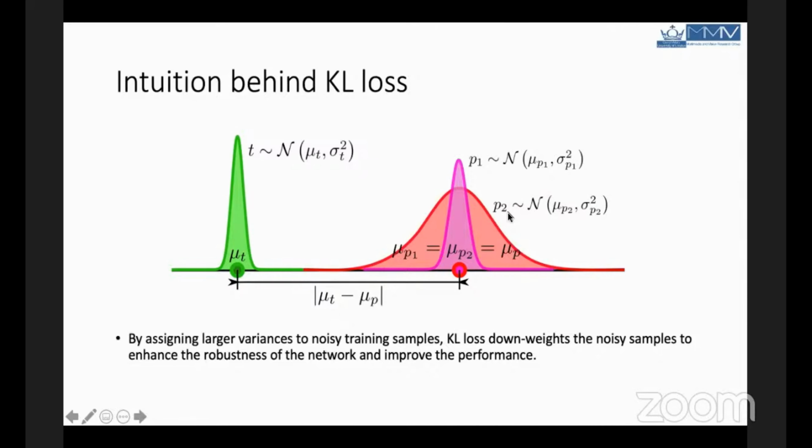Our network is more uncertain toward the prediction P2 than P1. So if we take KL loss, then the loss between T and P2 is smaller than the one between T and P1. In this case, by assigning larger variances to the noisy training samples, our KL loss can downweight the noisy samples to enhance the robustness of the network and improve the performance.